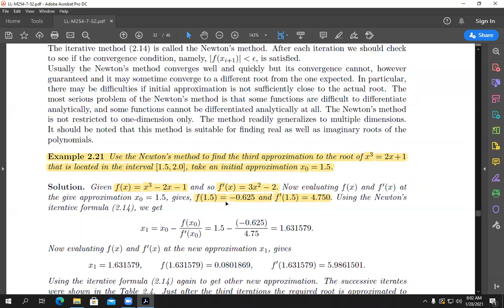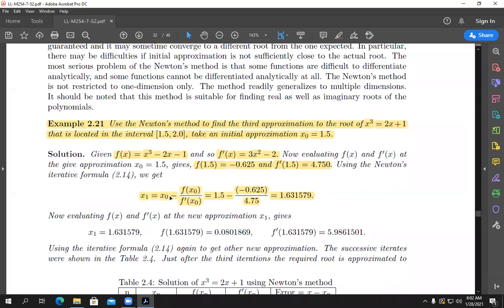The value of the function at this point becomes 0, alhamdulillah, but the condition is f dash should never equal 0, because if f dash becomes 0, we cannot use this formula. So when f dash is not equal to 0, then we can find the first approximation, and this is a good approximation because 1.63 is inside the interval.